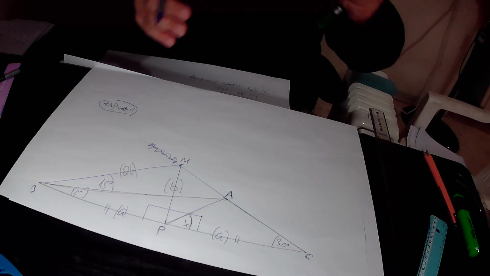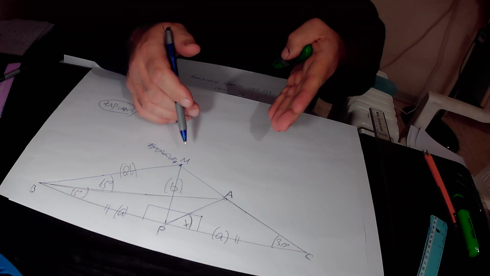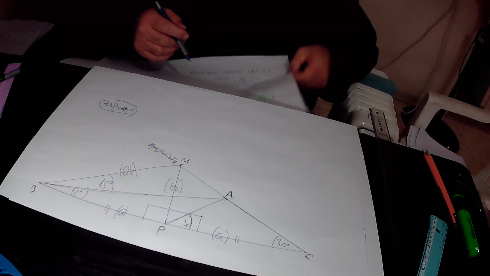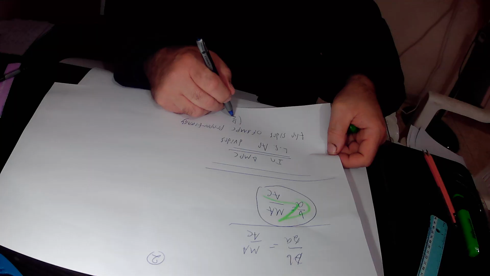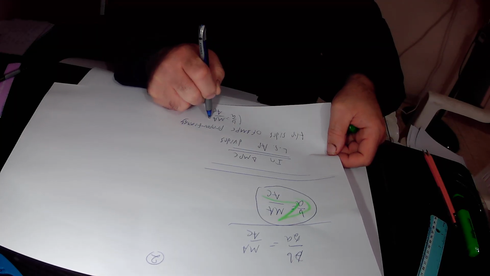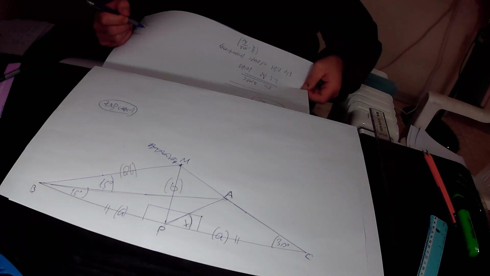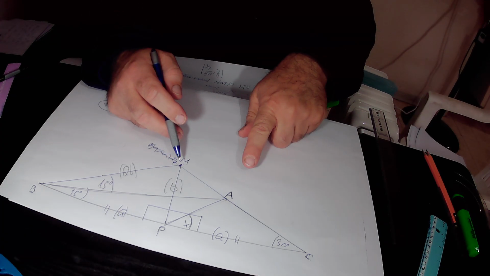For that reason, line segment AP divides the sides of this right triangle MPC proportionally. And therefore, line segment AP is the angle bisector of this triangle MPC.